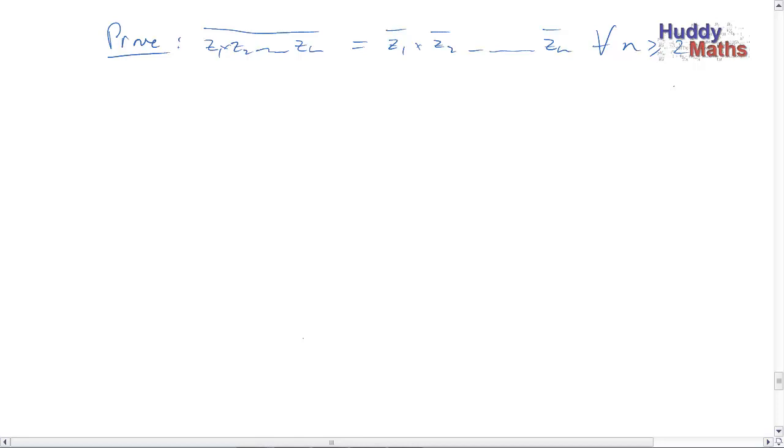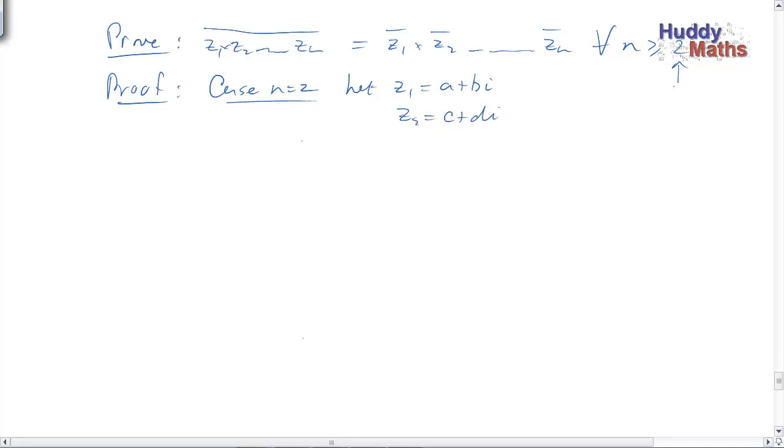Right, I'm going to go on now, and here's the proof. So we've got to establish the case n equals 2, because that's where it's said to have started. So let Z1 equal A plus BI, Z2 is C plus DI. So the product is A plus BI by C plus DI. This is all done earlier as an example, wasn't it?